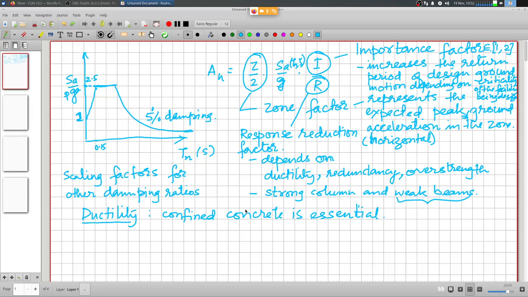Now, next point that is important is the issue of ductility. How do you define ductility? There are two things here that I wish to emphasize.